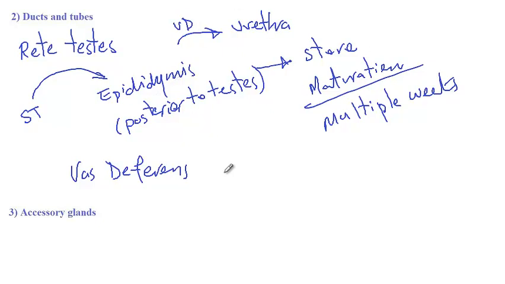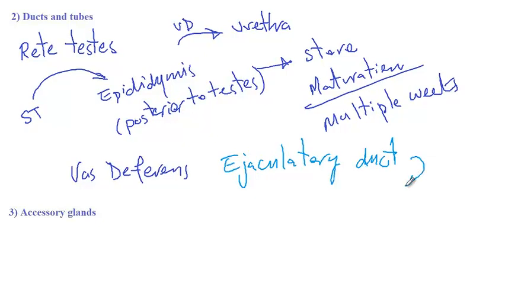And then next we are having ejaculatory duct, which is formed from the union of the seminal vesicle ducts with vas deferens. And then from here on, we are having urethra that will extend from the urinary bladder to the tip of the penis, and that would be the terminal duct for both the reproductive as well as the urinary system.